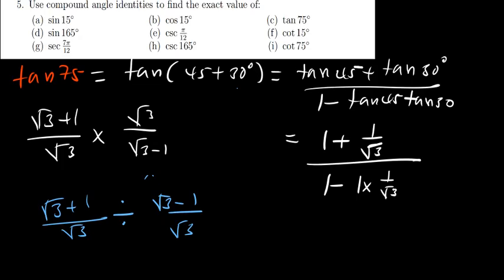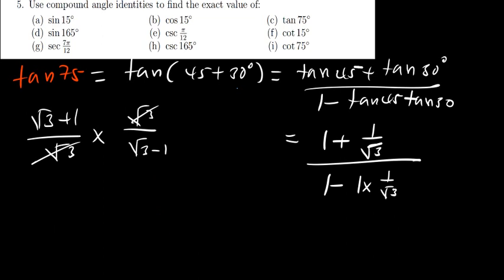So these will cancel, and you end up having root 3 plus 1 divided by root 3 minus 1.